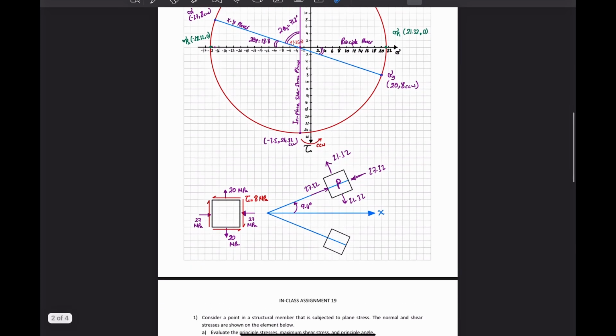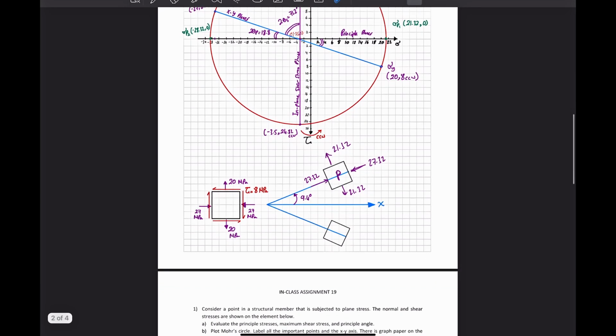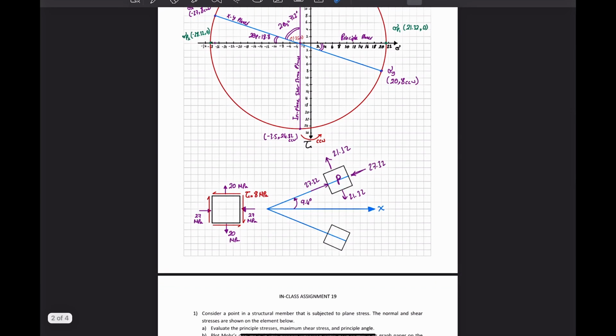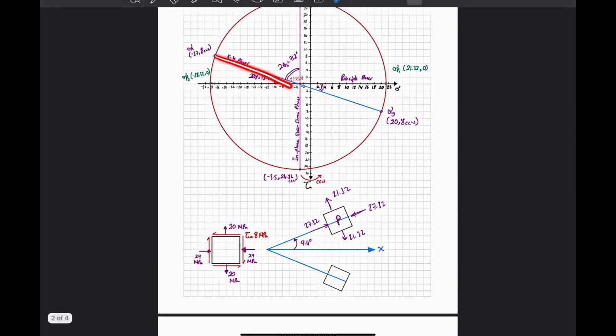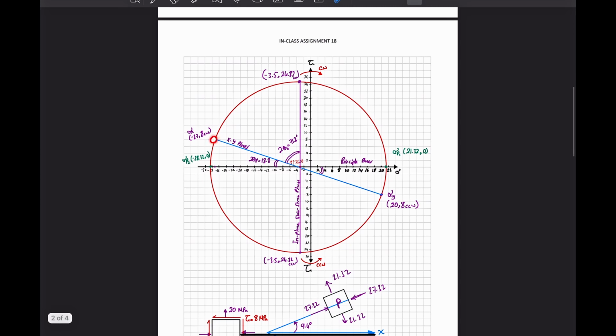Now, I want to draw the state of maximum shear stress, which obviously is going to be that one, but let's see it. So I have the xy plane, okay? To go from the x face to the shear face, I have to rotate clockwise by a value equal to 71.2.